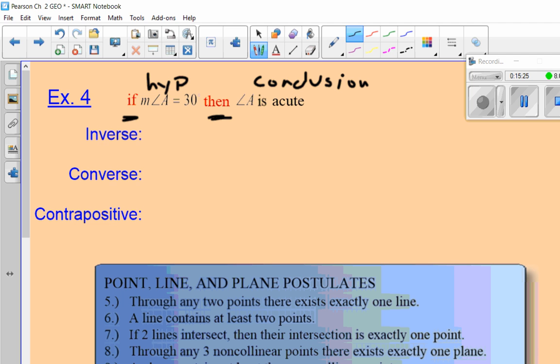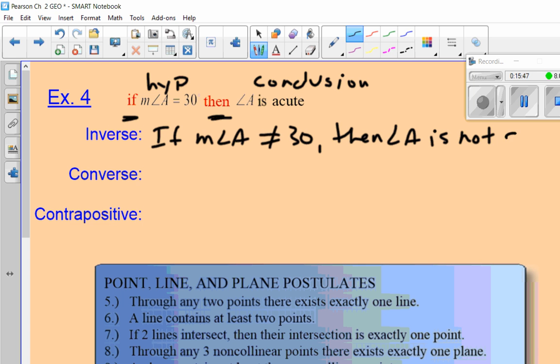Okay, so we're going to rewrite it. Remember, inverse means I negate. I put a negative on the statements. So if the measure of angle A does not equal 30 degrees, then angle A is not acute.